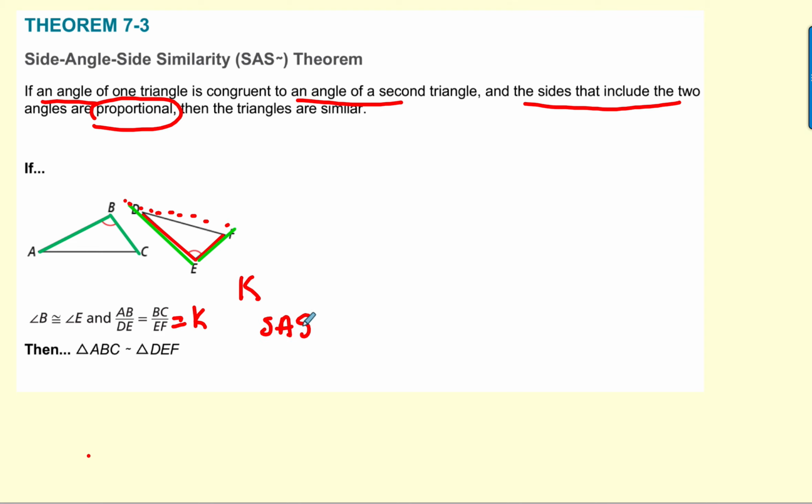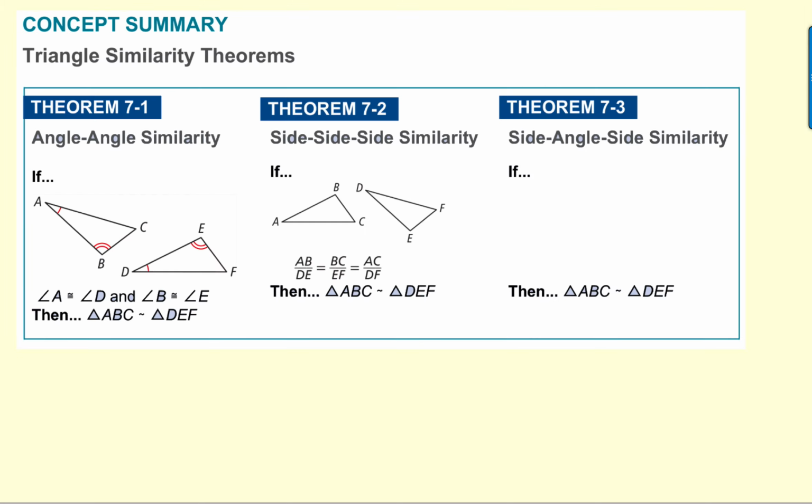And once the triangles are congruent, by corresponding parts of congruent triangles, all the angles will be congruent and the last sides will also be congruent. So the shortcuts for proving triangles are similar are angle-angle similarity, side-side-side similarity, and side-angle-side similarity.